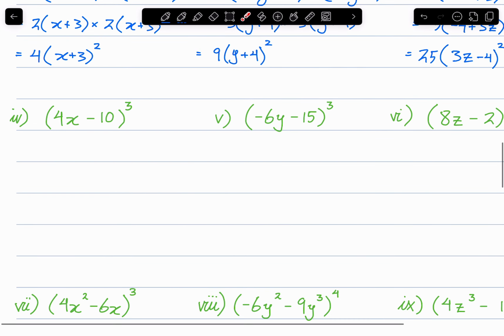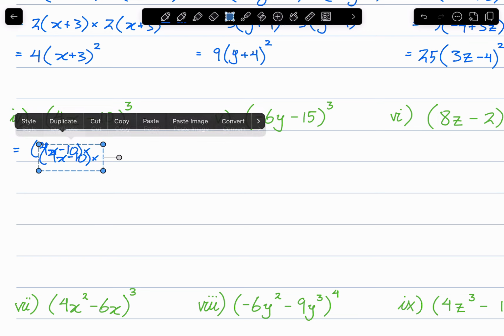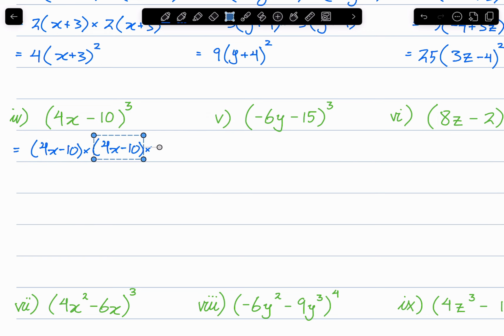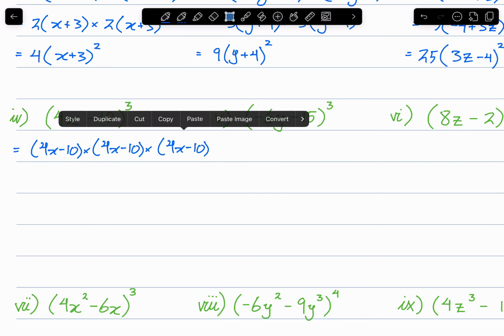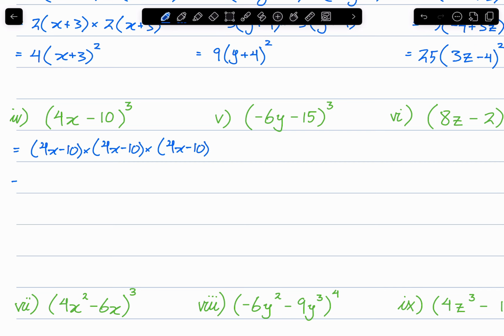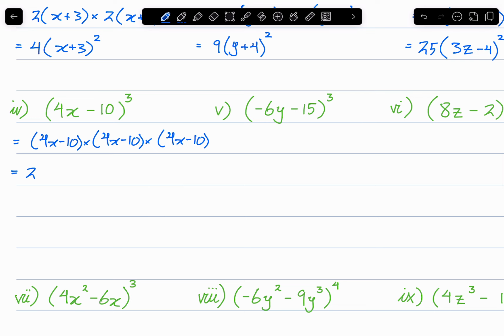Okay, let's do a few more, 3 more for this one. The same thing happens now for a cubed. There are 3 of them this time. So, writing really small for this, 4x minus 10 times 4x minus 10 times one more 4x minus 10. From each of these, I can factor out 2, so 2 outside of the group will become 2x minus 5.